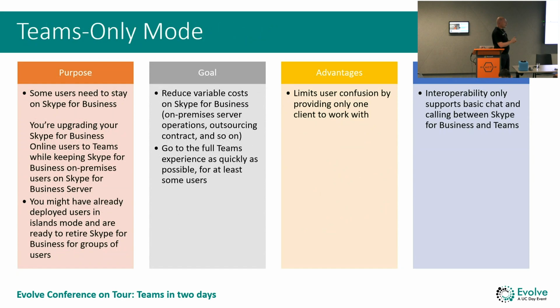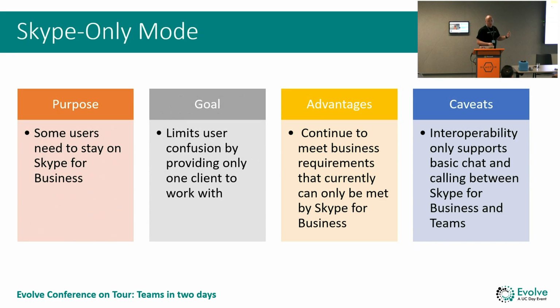But Teams only mode is where we want to get to, and that is where everybody uses the client. And when we're in that mode, we're not looking at the whole organisation. We're looking at the people who have been switched into that. Once they've been switched, that's the point that the client knows, for things like IM and chat, that if they're talking to someone who's still on Skype for Business, in Skype only mode, then there's two-way communication.